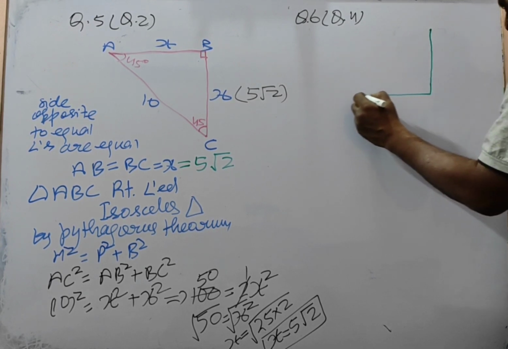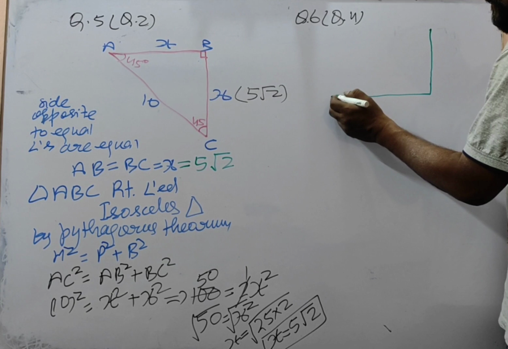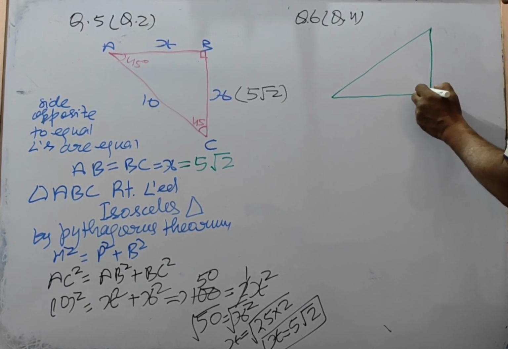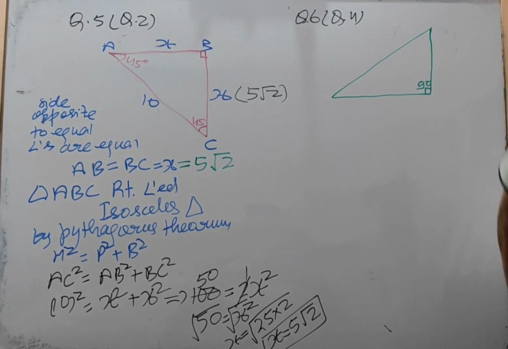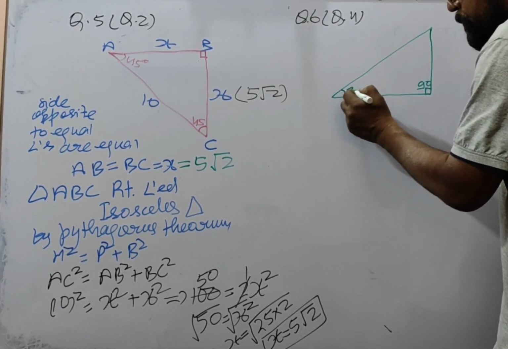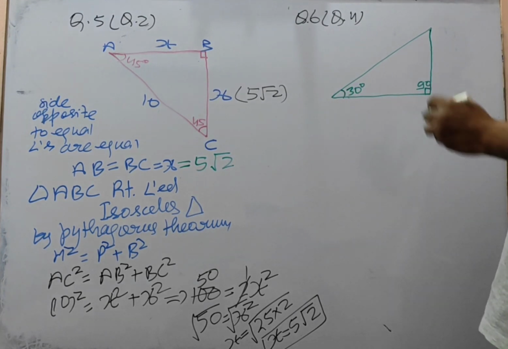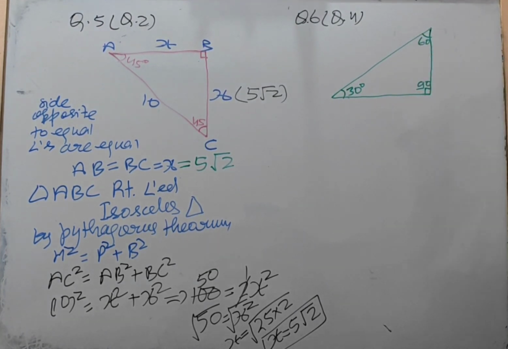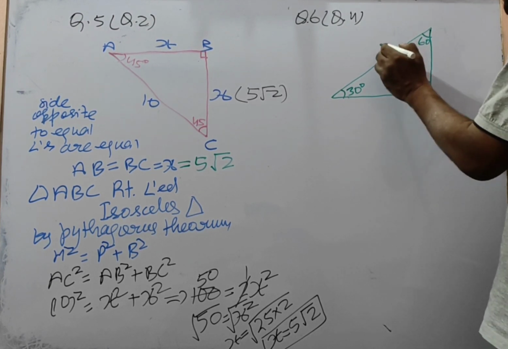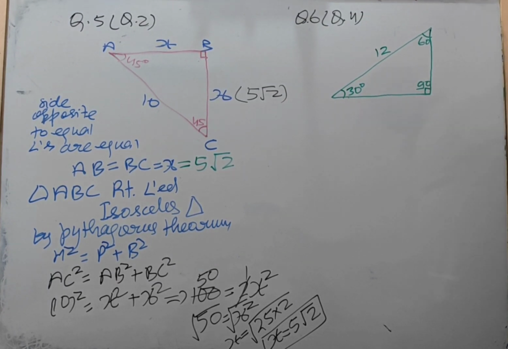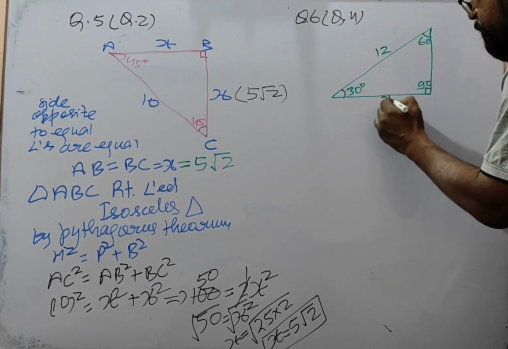This is 90 degree, this is 30 degree, and this is 60 degree. It is given that the hypotenuse is 12, and we have to find this x.